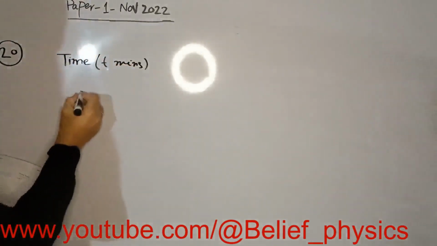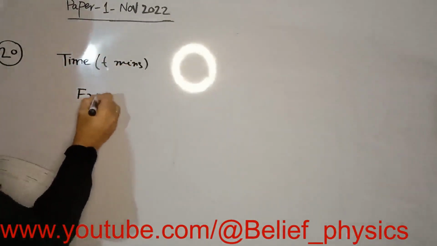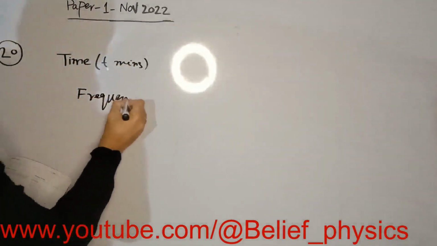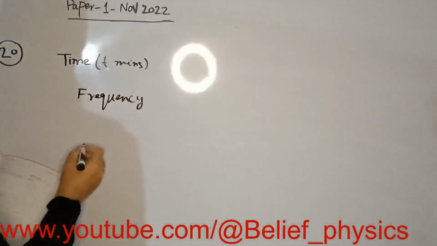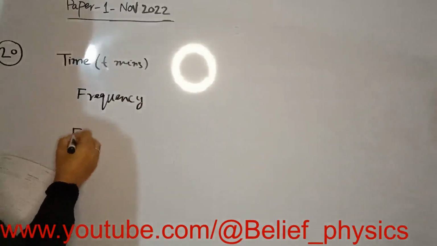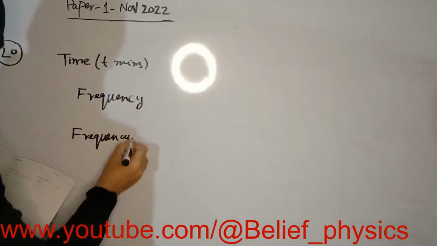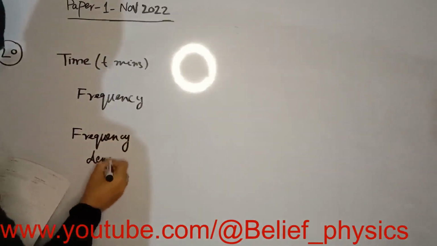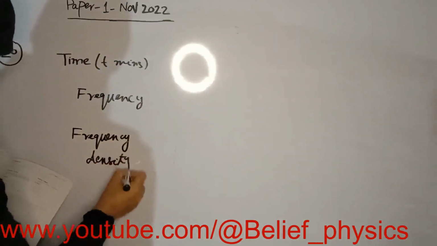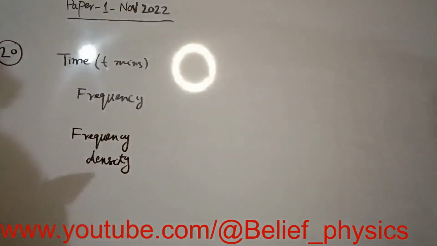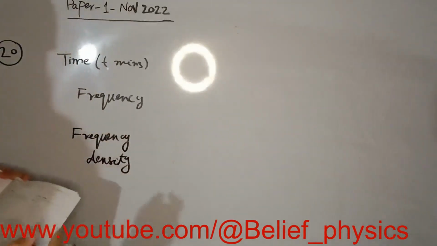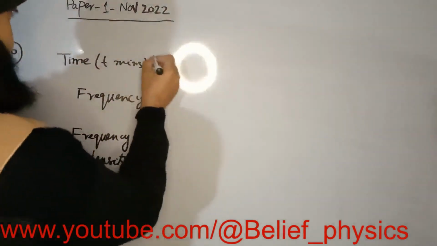Then the second row is for frequency, and then frequency density. We should know that frequency density is equal to frequency divided by the width of the interval.